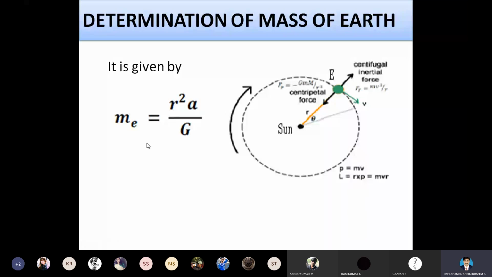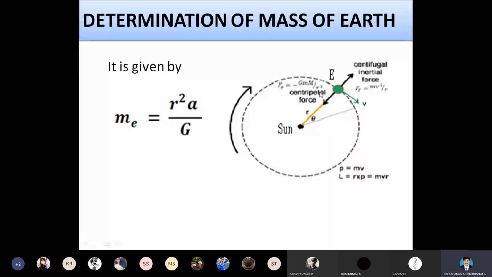This formula is derived from two assumptions. One is Newton's second law: force is equal to mass into acceleration. The other is Newton's gravitational law: F is equal to G into M1 M2 by R square.